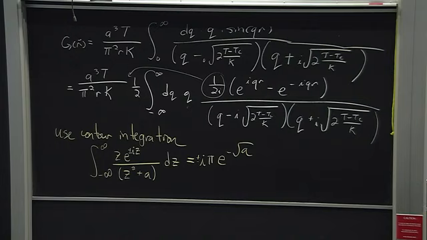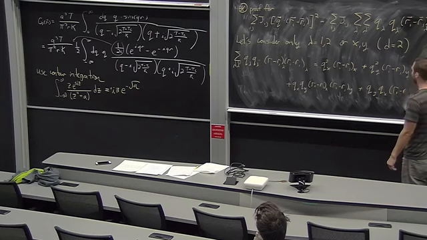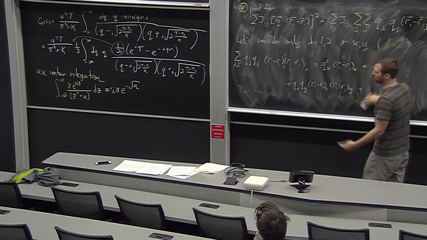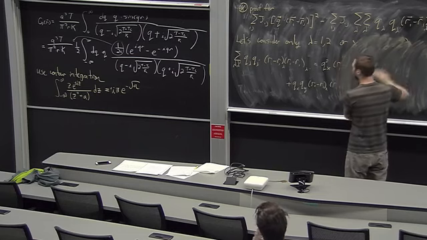That's what I used. So when you do that contour integral, now you get your expression that defines the correlation length. But this is only the expression for G of r in 3 dimensions, remember.